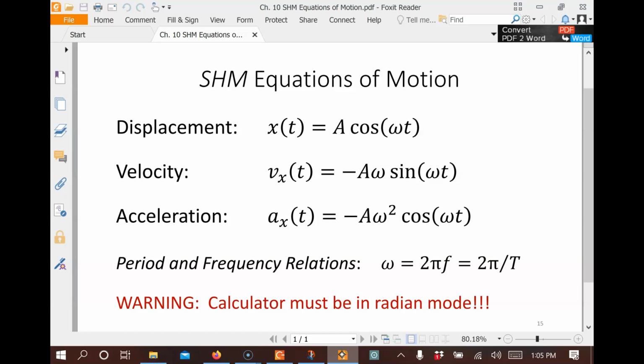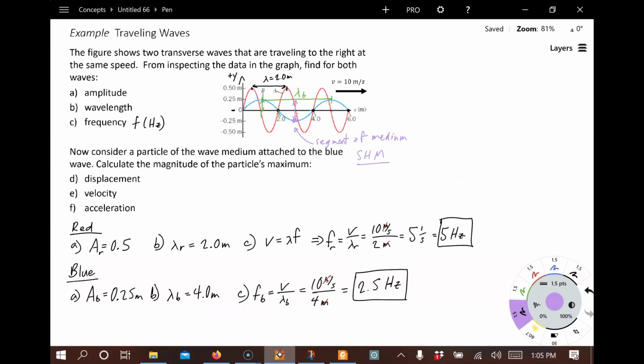They are the simple harmonic equations of motion that we learned in chapter 10. The same period and frequency relations hold. And notice that omega we have written here inside the cosine and sine argument. So we're going to go ahead and use our value of frequency and calculate omega. And to get the maximum values of these, just as in chapter 10, well, it's the amplitude. It's A omega for the velocity. It's A omega squared for the acceleration. So let's go ahead and look at that real quick.